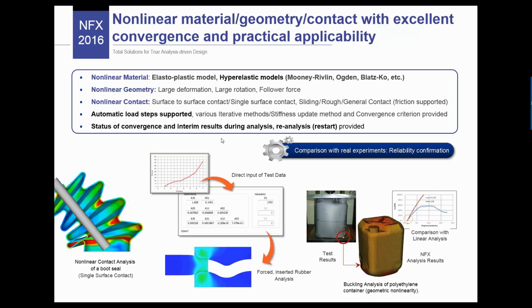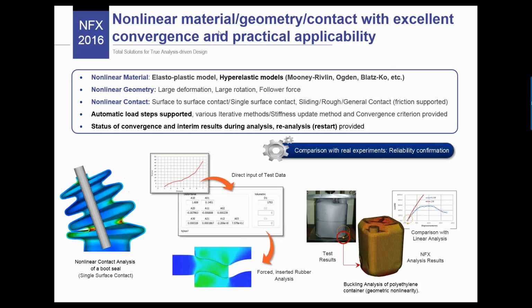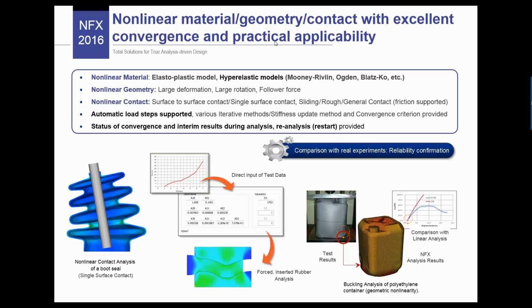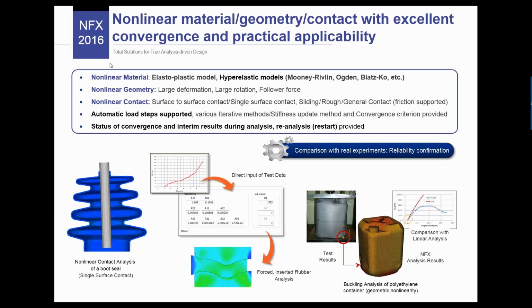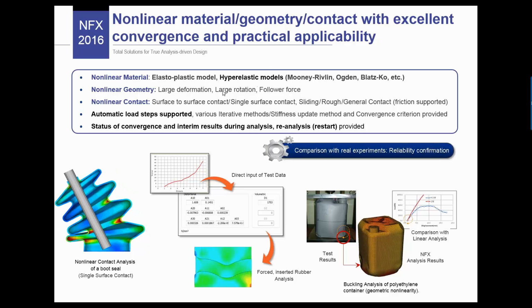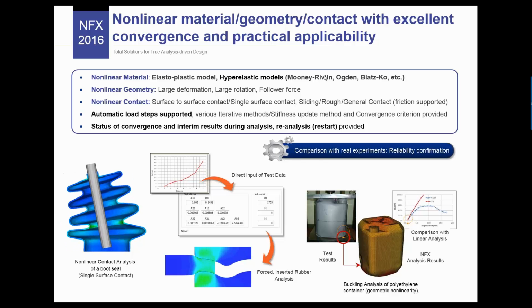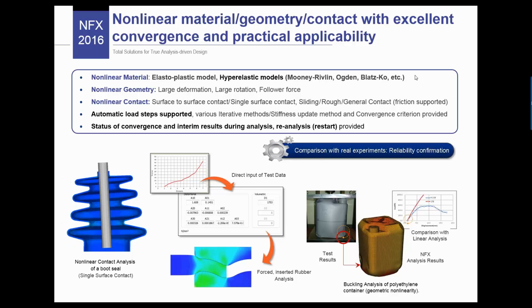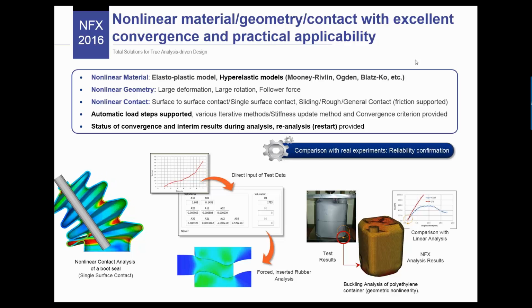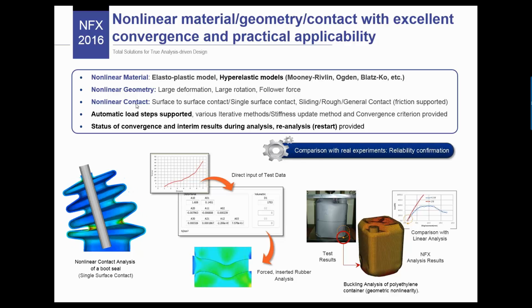Now, nonlinear material, geometry and contact. Three types of nonlinearity can be analyzed. We have not only elastoplastic models, but also hyperelastic, which considers different kinds of models like Mooney-Rivlin, Ogden, or Blatz-Ko. And now we have also nonlinear elastic. You can use all those models to simulate your material.